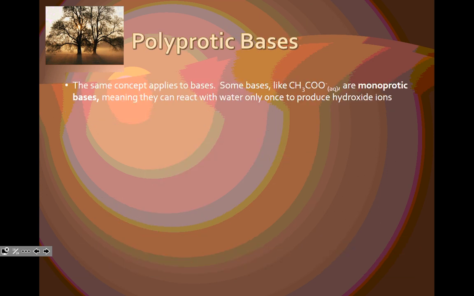So polyprotic bases, the same concept applies to bases. Some bases like CH3COO- or acetate are monoprotic. And what we do for that is we take a look at the charge. The charge tells us how many reactions. So a negative charge is going to tell you that only one reaction is going to occur.